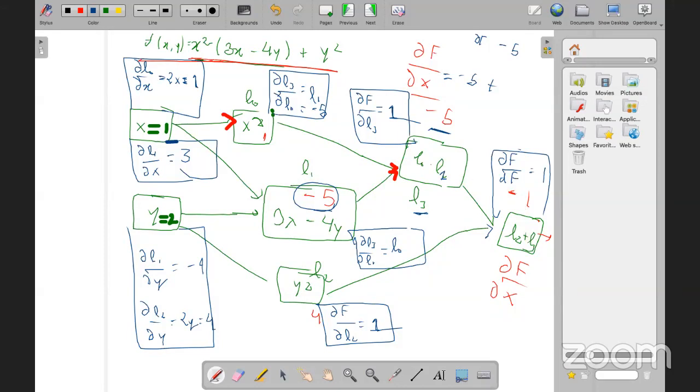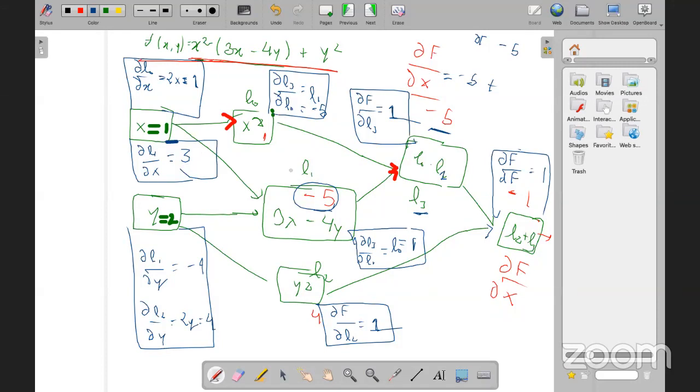So you just multiply along this direction: df by df, df by dl3, dl3 by dl1, and then dl1 by dx. We should write the value of L naught also. L naught was 1, so let's put a 1 here. Now you multiply all these things, and df will cancel df, dl3 will cancel dl3, dl1 will cancel dl1, and you get df by dx.